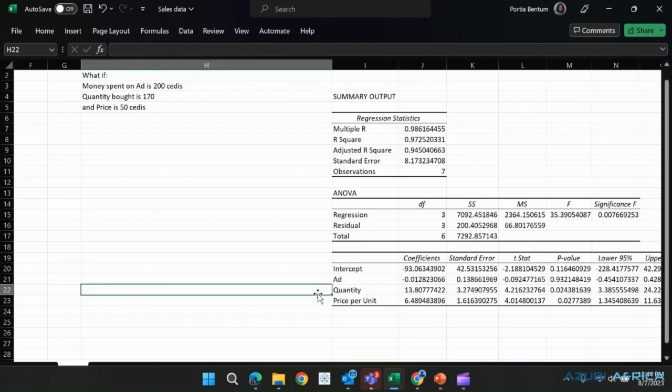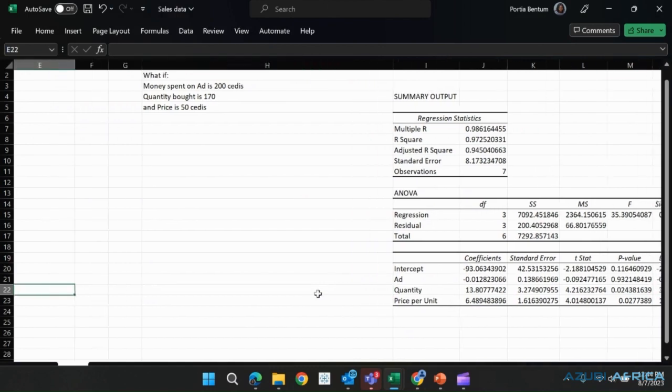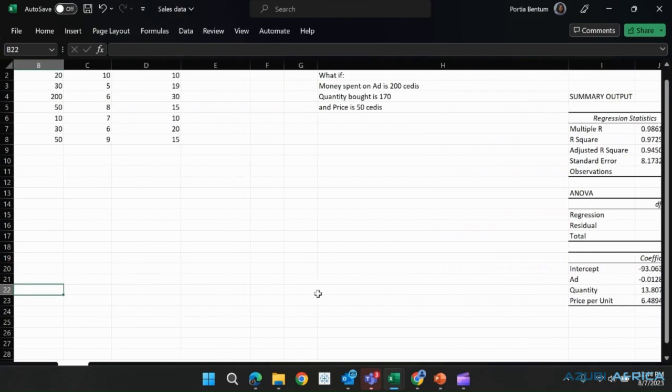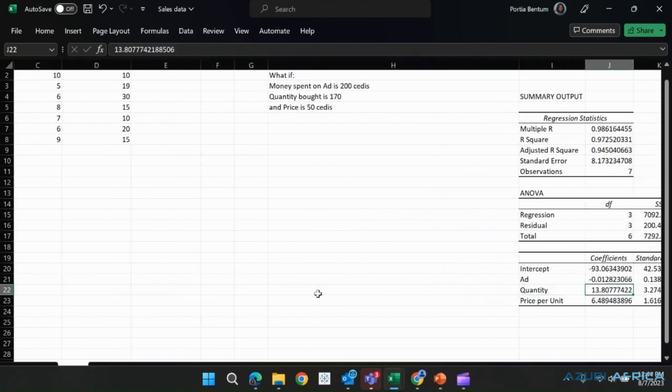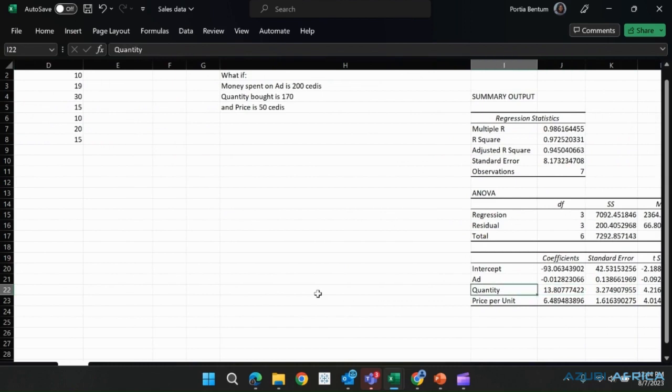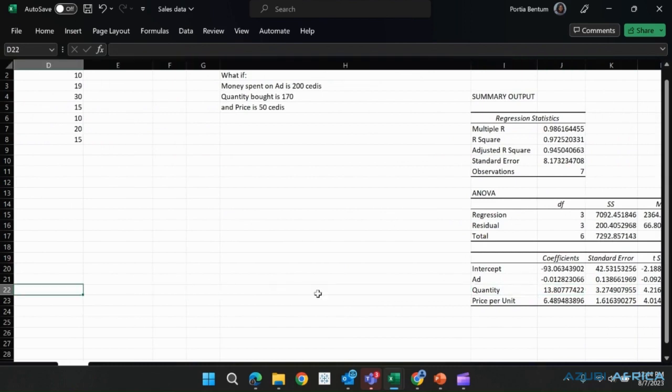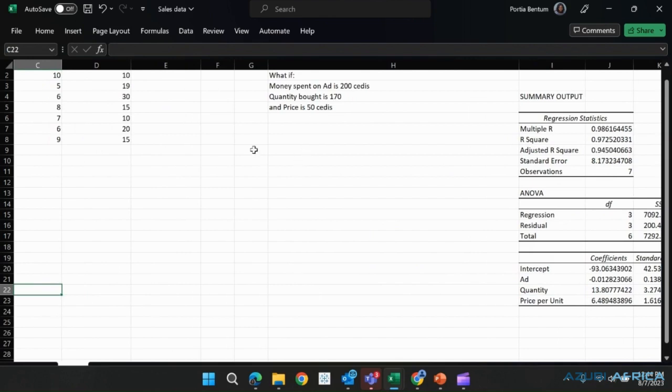Okay, let's go back to our table. Let's see how we can make the prediction. So we are going to write our equation.